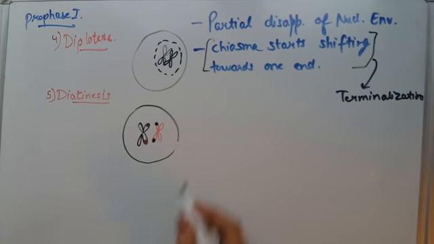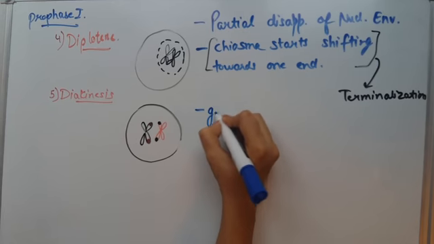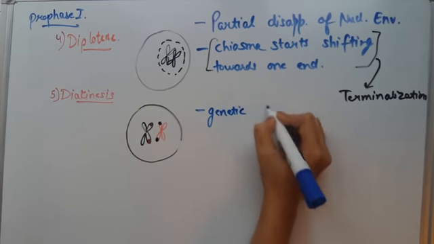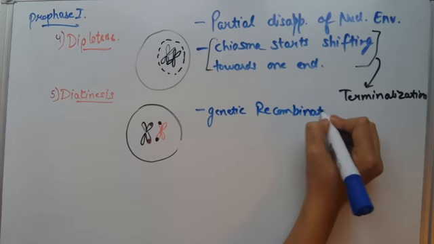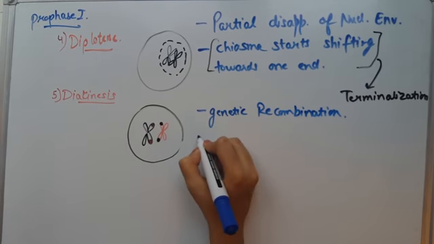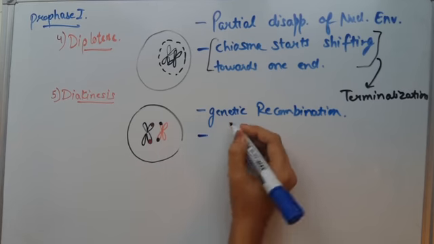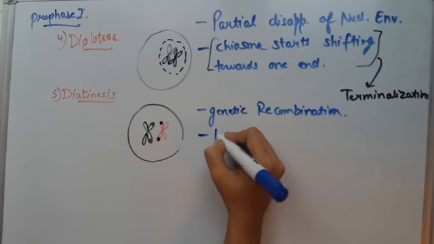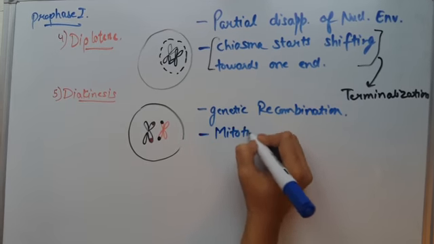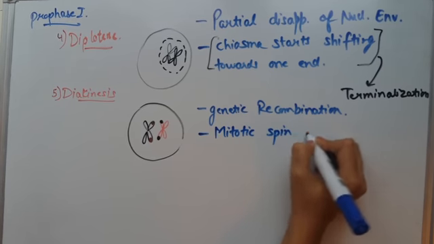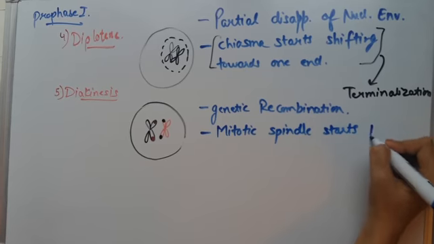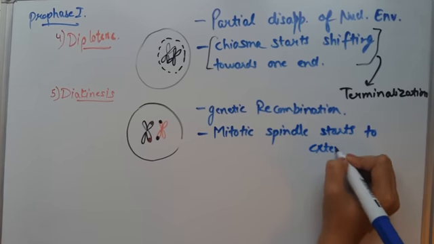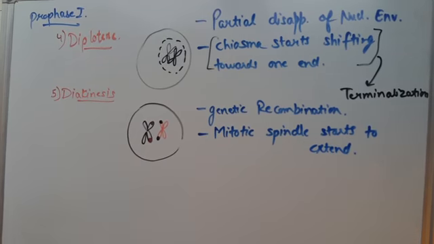So the general points are: genetic recombination, and the mitotic spindle starts to form, starts to extend. So this is all for prophase 1.